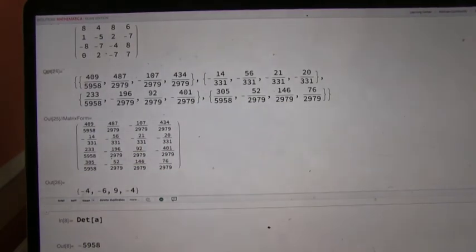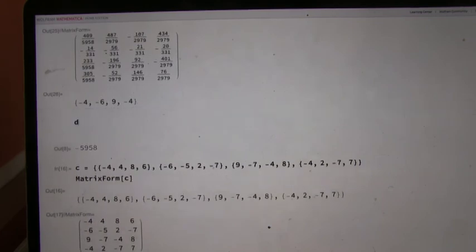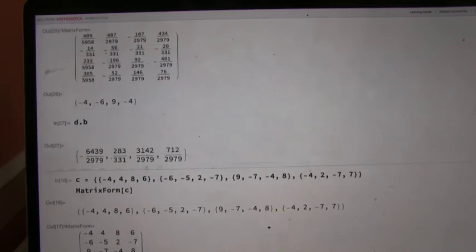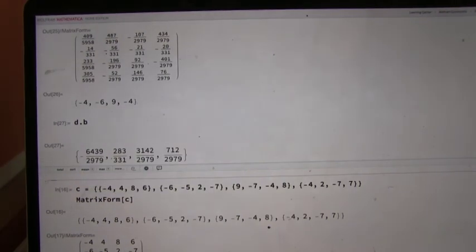Yep. And if I take the first row times b, I get minus 6439 over 2979, which is exactly what we found. So that's pretty cool.